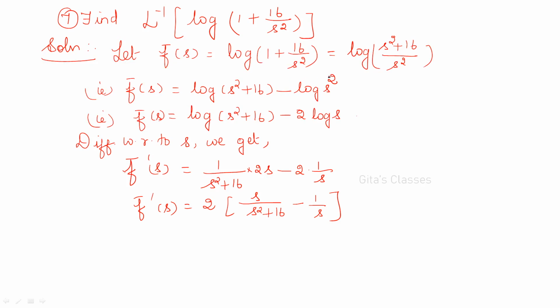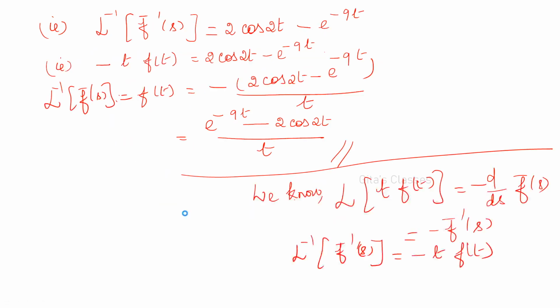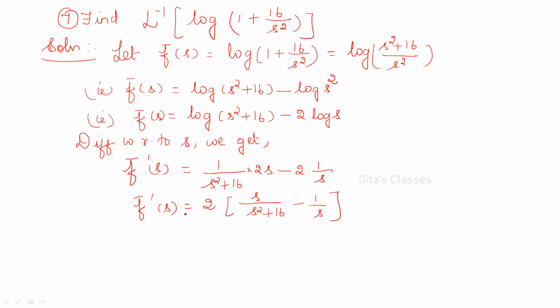Similarly, log of 1 plus 16 by s squared: take LCM, s squared plus 16 by s squared. In the similar way, if you proceed. Always remember, whenever you have log, tan inverse, cot inverse, you have to use f bar dash of s.